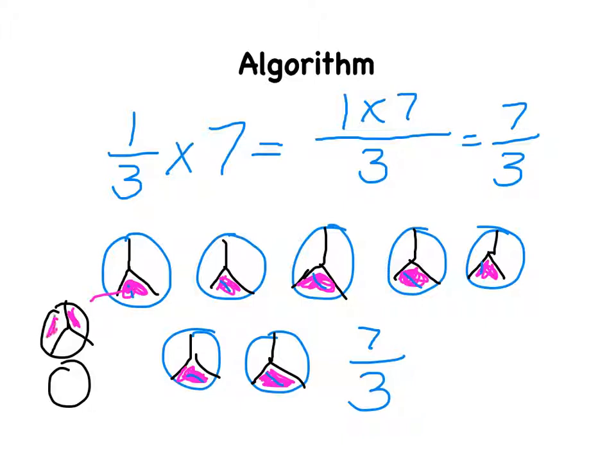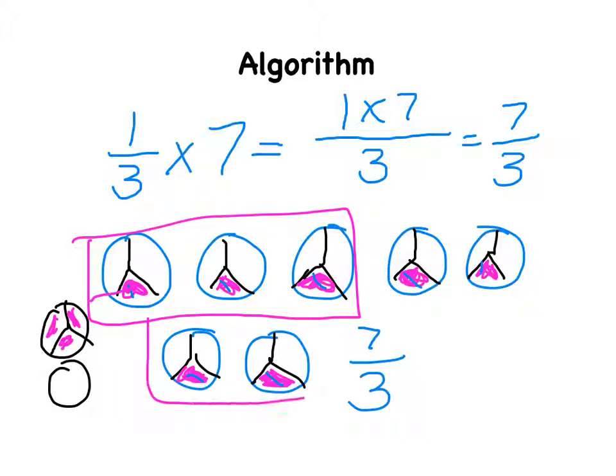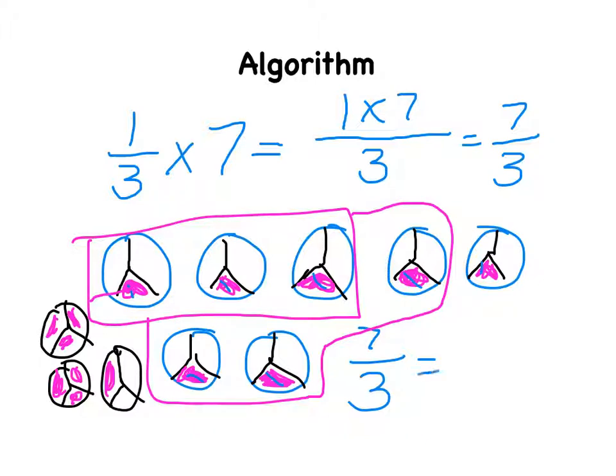So 3 of those pieces will fill up one whole circle, and another 3 will fill up the next one. Then we're going to need one more circle, divided into 3, to get that one leftover piece, so that we can see that this is also equal to 2 1/3.